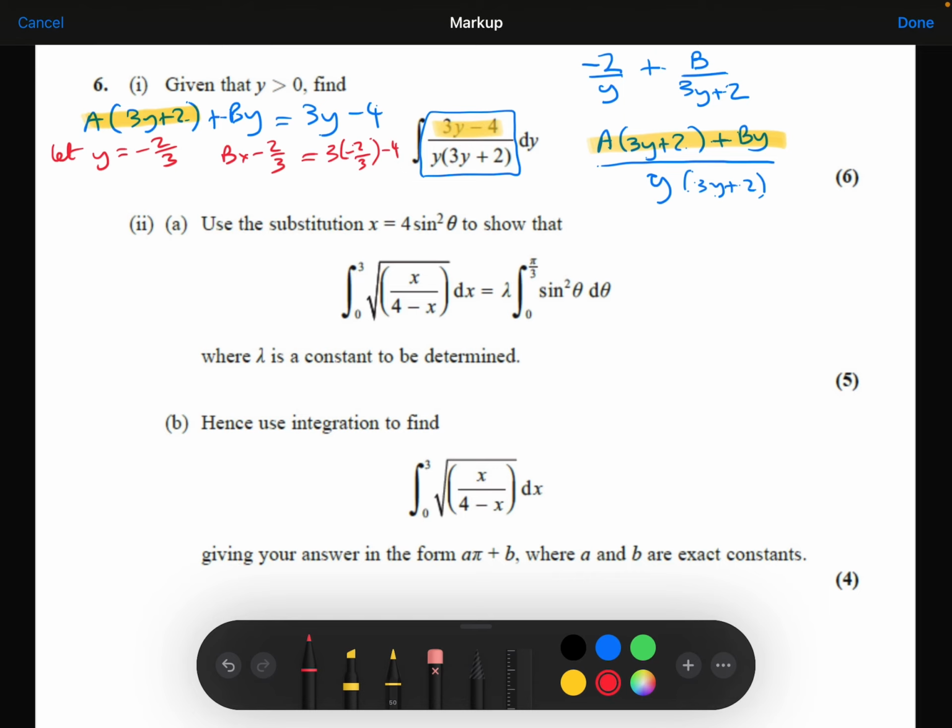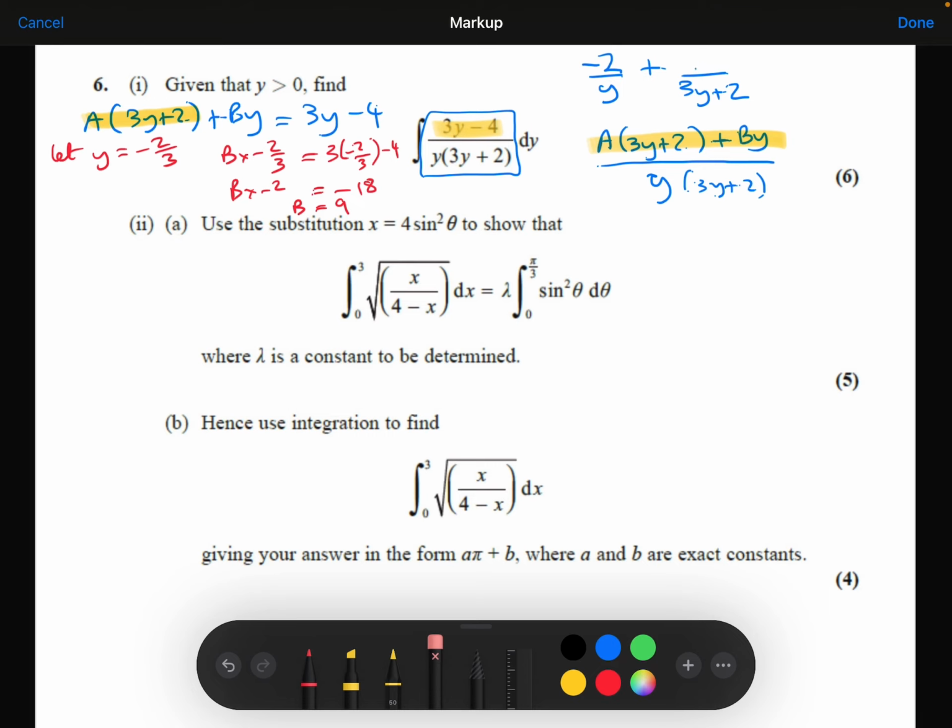So b times minus 2/3 is equal to minus 6. Timesing both sides by 3, I find that b times minus 2 is equal to minus 18. So b is 9.